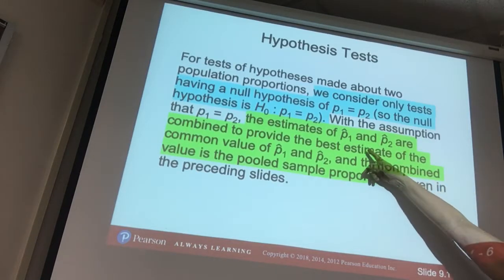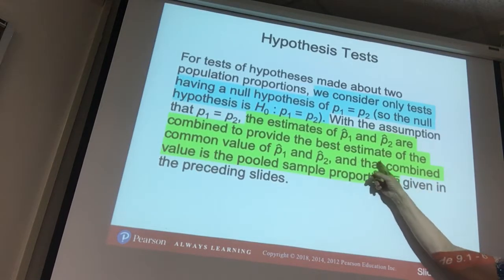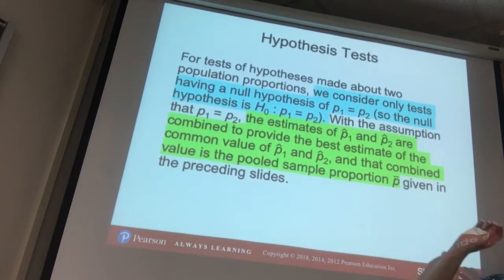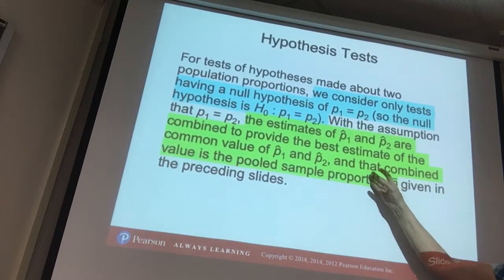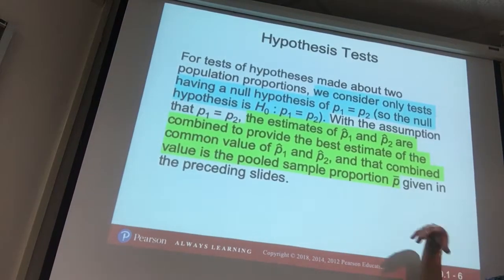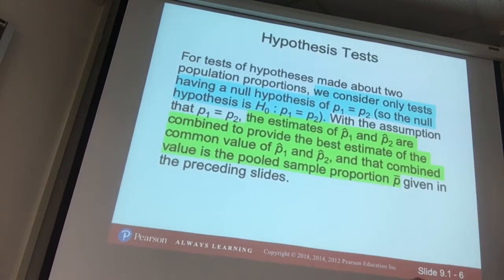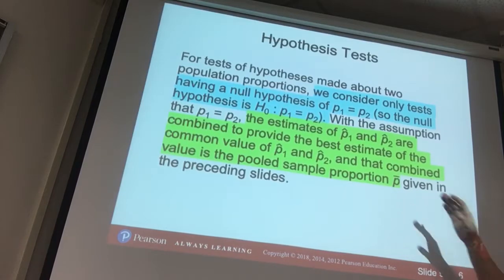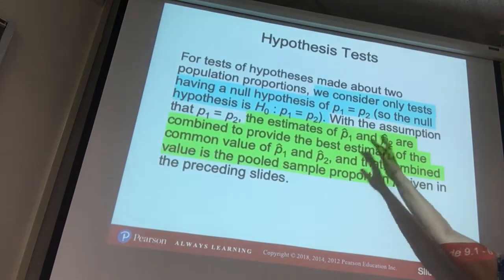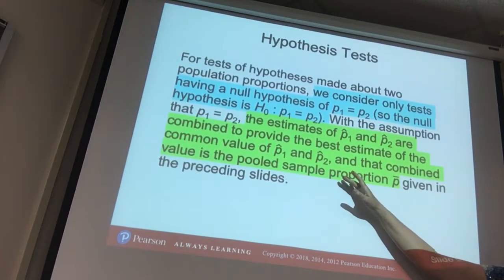So the estimates of P1 and P2 are combined to give us that pooled proportion, and that gives us the best estimate. It's an estimate, just like our x bar was an estimate of our mean, and our p hat was a good estimate when we had one sample. Now we're going to do this pooling to get a good estimate of the pooled proportion.